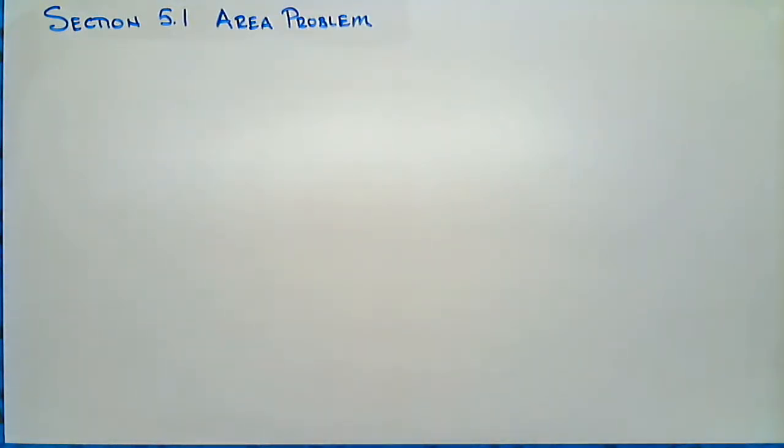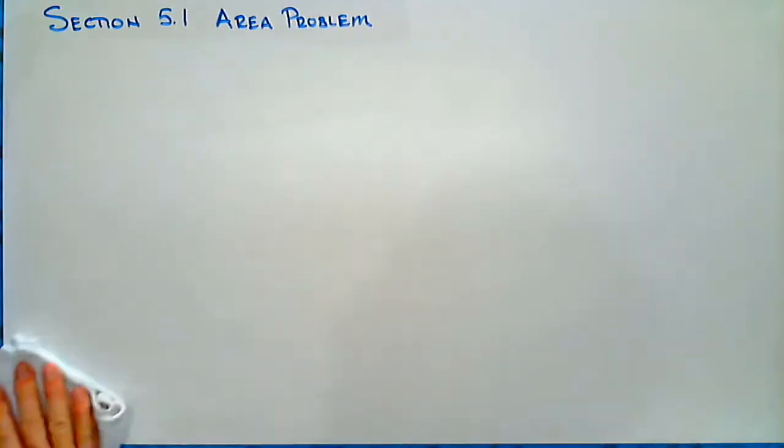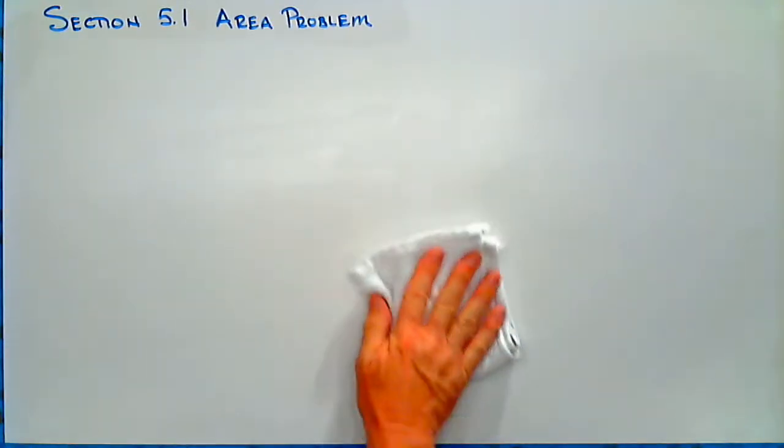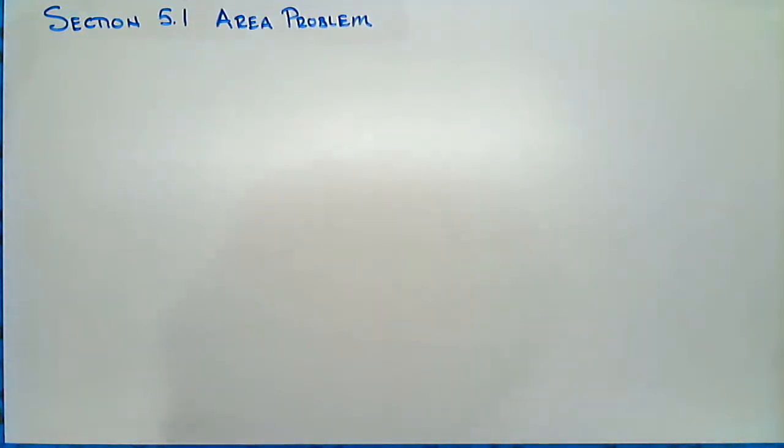So what we're going to do here is a bit of foreshadowing. It's closer to what we're going to be asked to do, to be honest with you, in section 5.2. But we're going to talk about it here in section 5.1 because Stewart talks about it in section 5.1. He introduces this approach in section 5.1. So what does he say in section 5.1?